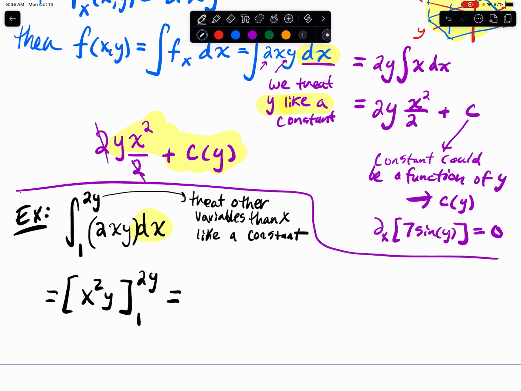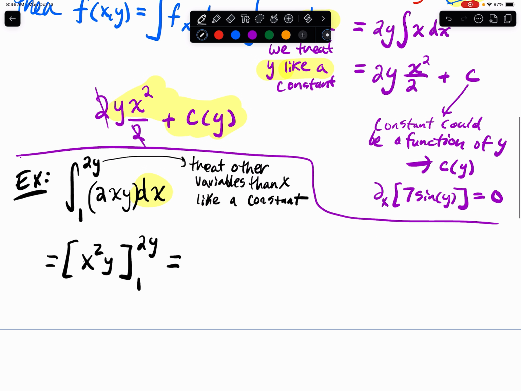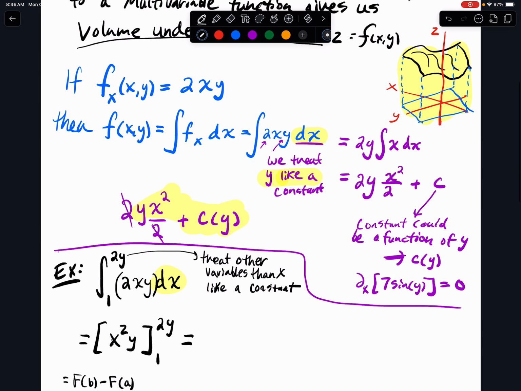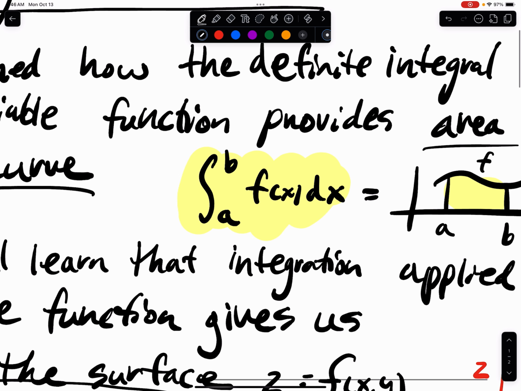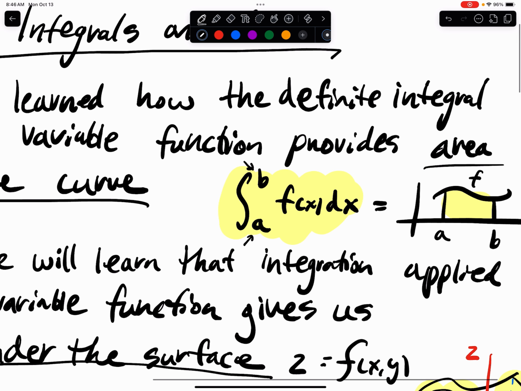Now if you'll remember, when we had Cal 1, the definite integral was equal to the antiderivative evaluated at b minus the antiderivative evaluated at a, where a and b were those limits of integration. So this is equal to capital F of b, the antiderivative of the little f function, minus capital F of a.